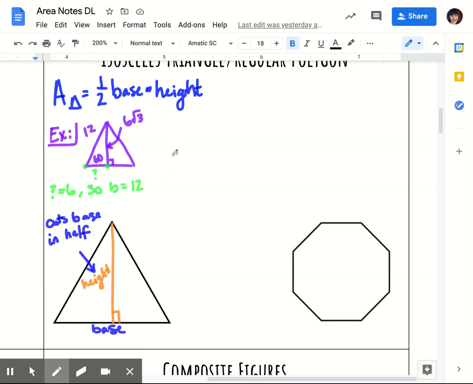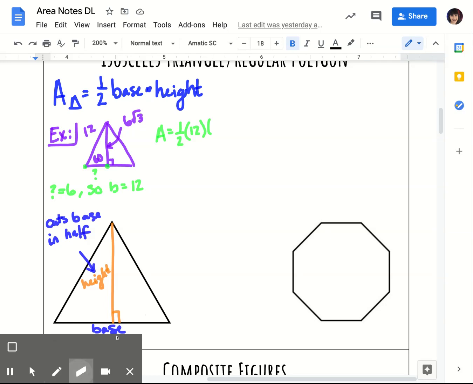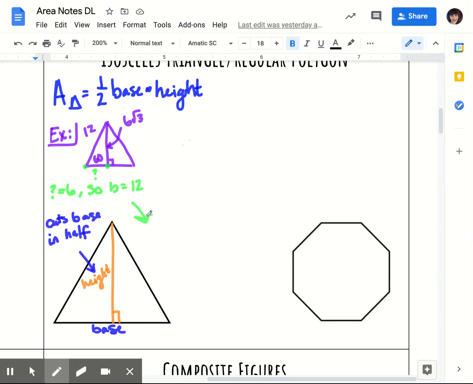That means the area of my triangle is 1/2 base, which is 12, times, actually, I'm going to write this a little further down because I'm going to run out of space. So my area here is 1/2 base, which is 12, times my height, which is 6√3.